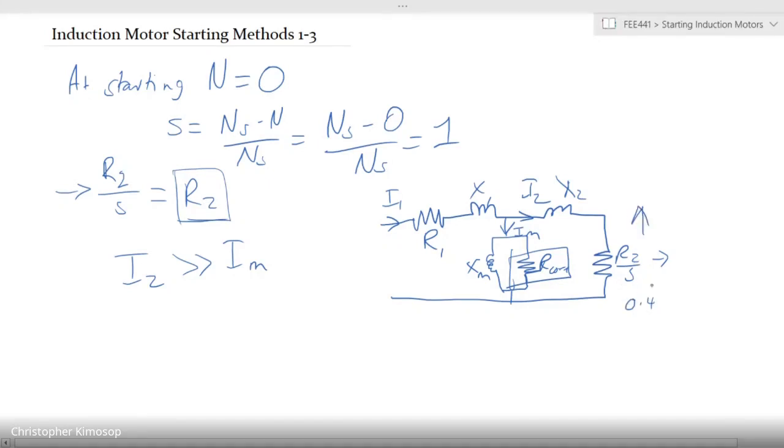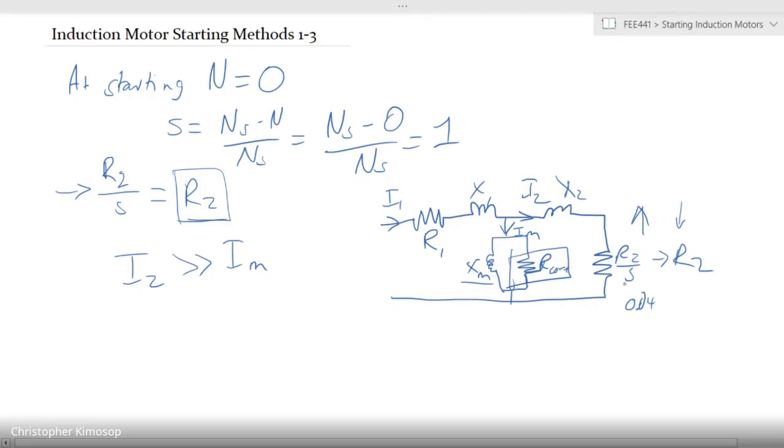But at starting, if S is 1, the value of R2 over S is quite low. It is divided by 1 instead of 0.04 or 4%, so it tends to be R2. That means that I2 is much, much greater. A greater percentage of I1 will flow through this side than through IM, because your magnetizing forces are the same.